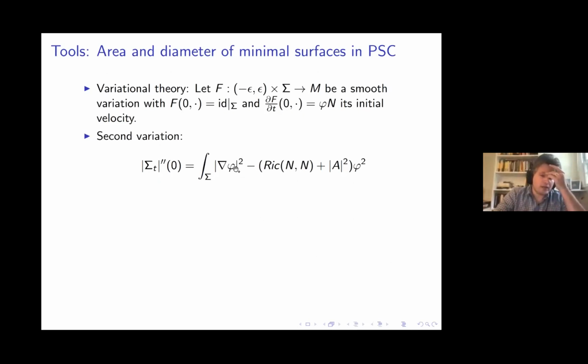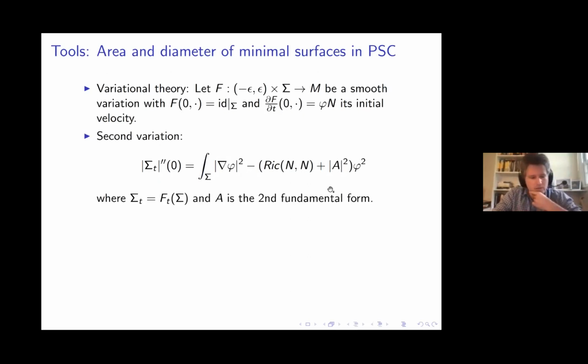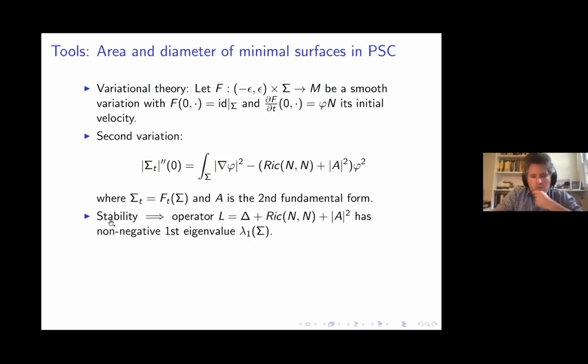You get the gradient of that function along the surface, you get the Ricci curvature of the ambient, and you get the second fundamental form A of your surface. But where is scalar curvature, and how does stability play a role? What stability tells you is that this quadratic form is greater or equal to 0 for every phi.